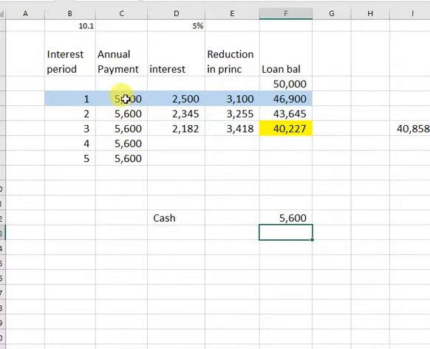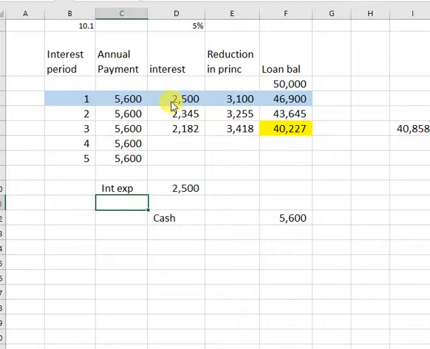Notice that of the $5,600, part of it is interest and part of it is reduction in the principal. So interest expense is the $2,500. And then the rest of it is paying off the note.